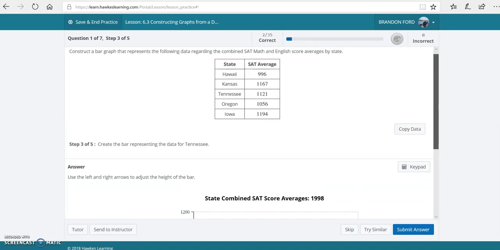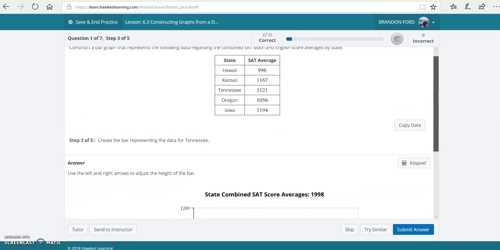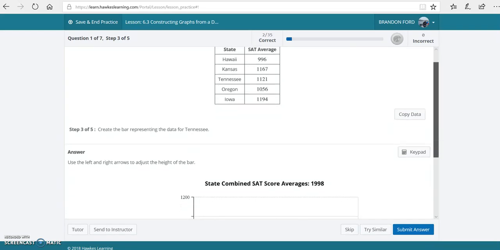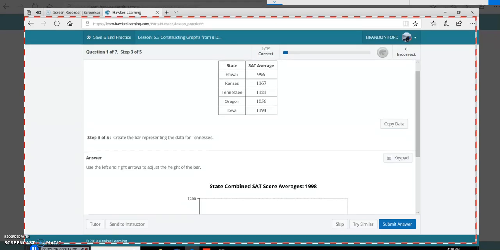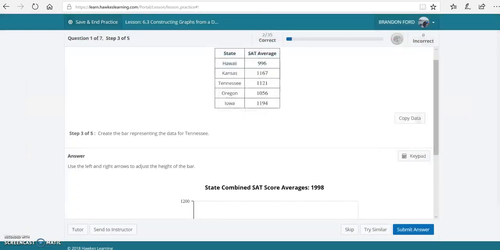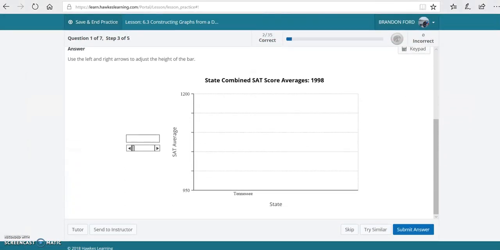Now, okay, so create the bar chart representing the data for Tennessee. Well, Tennessee is going to be this 1,121. So we're just going to put down that it is 1,121, and it actually builds our plot for us. If we want to go a little higher, we could do that.